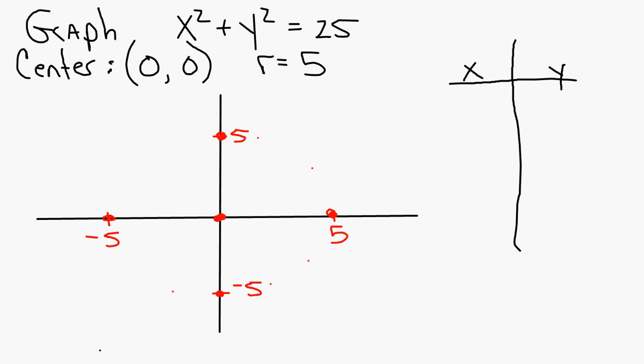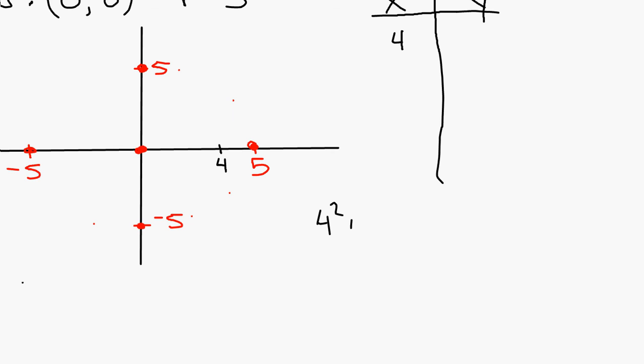Do you see how everything in this picture is symmetrical? Isn't everything in here going to be a reflection too? I mean, if you plug in 4 for x, won't whatever you plot here be the same over here? Yeah, so what's 4 squared? 16. Okay, so if you plug this 4 in, you got 4 squared plus y squared equals, what is it, 25?